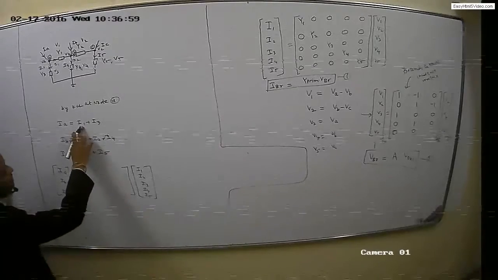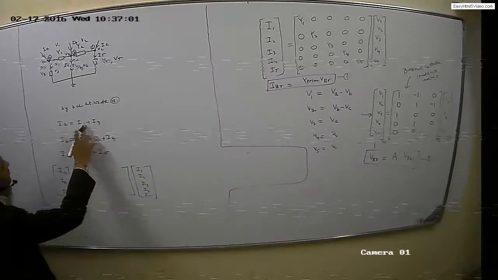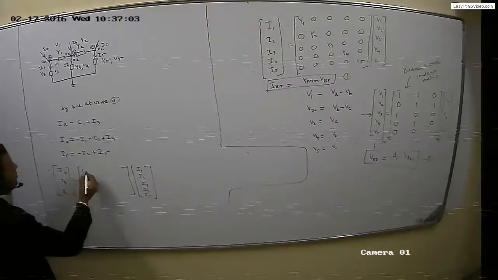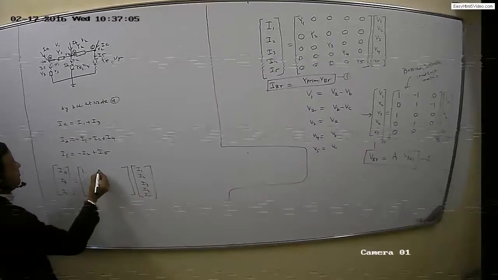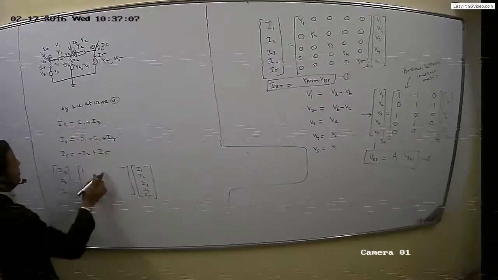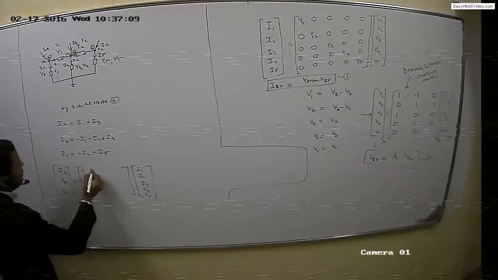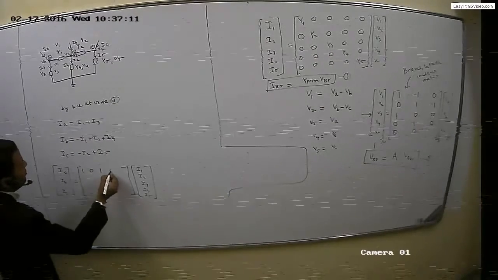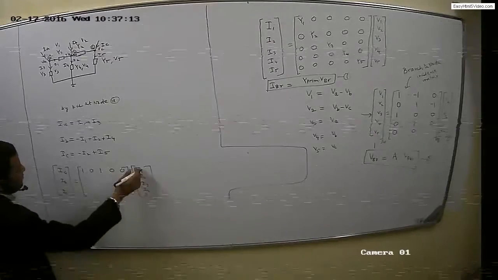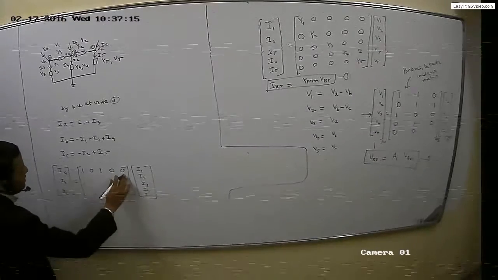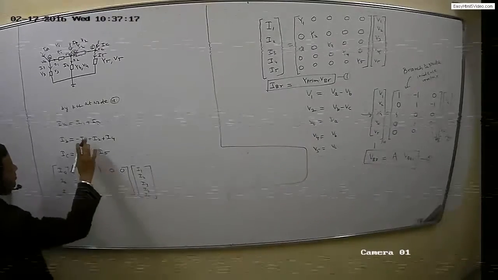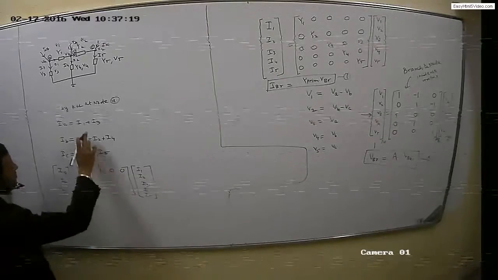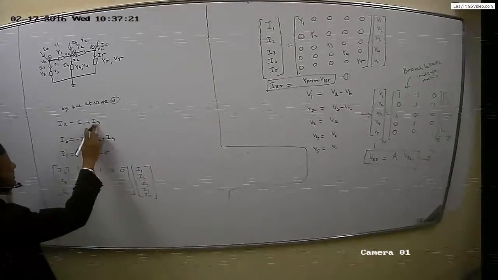So if you observe this equation, there are 5 branch currents, so here 5 elements will exist, and first element and third element will be plus 1, the coefficients of this I1 and I3.